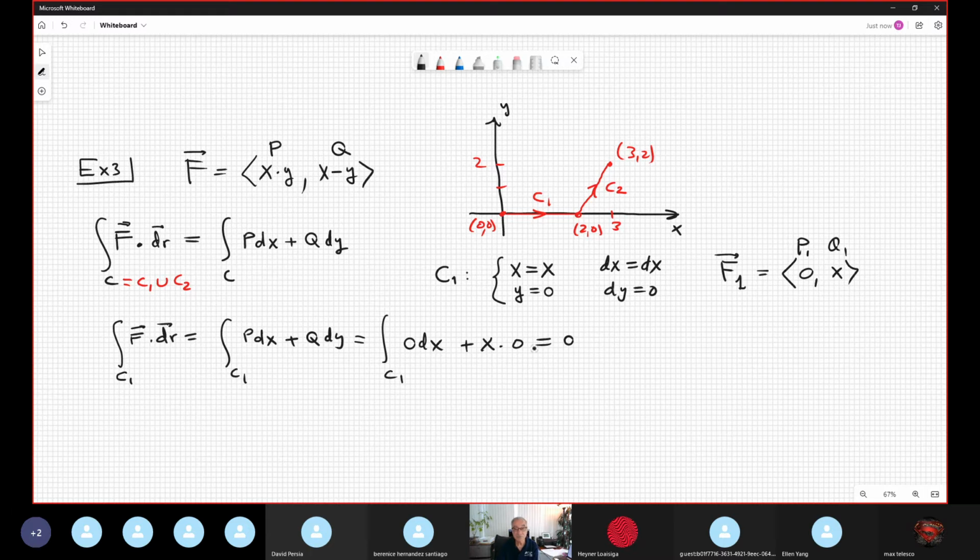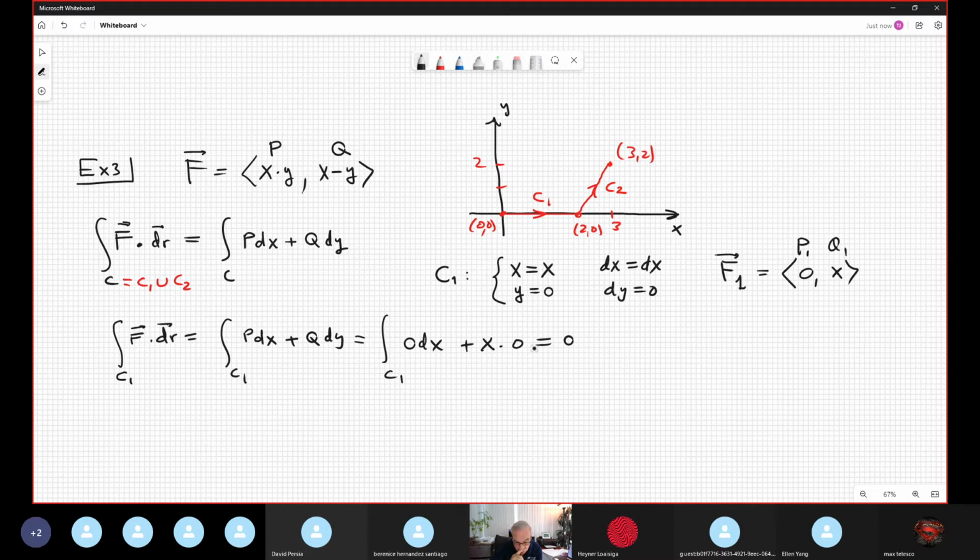This integral is 0. The reason is that I suppose the direction of dr and the vector field are orthogonal, but you don't see it clearly. But we can use it if you want, after this example, to see the circulation.